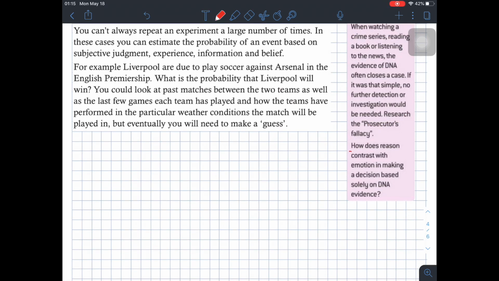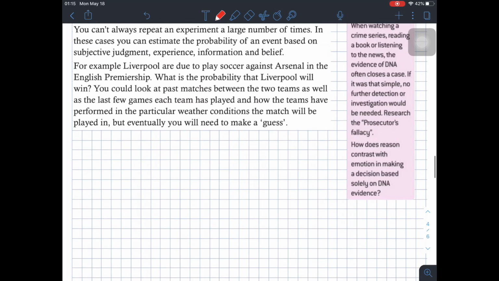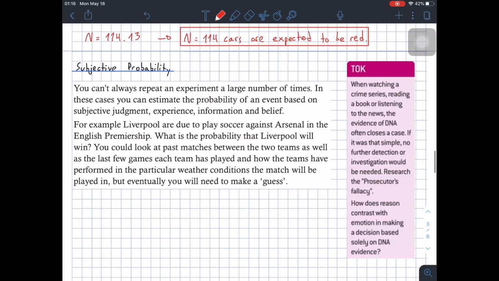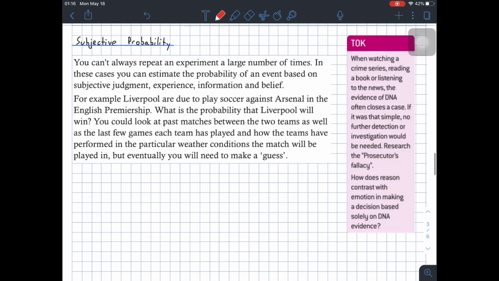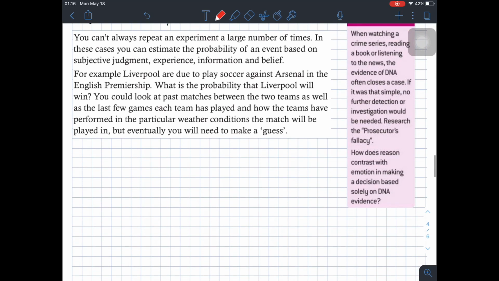So the question is, how does reason contrast with emotion in making a decision based solely on DNA evidence? Or can we rely solely on DNA evidence in order to condemn someone? Do we need to analyze other things, other situations, other actions, other evidences, whatever?